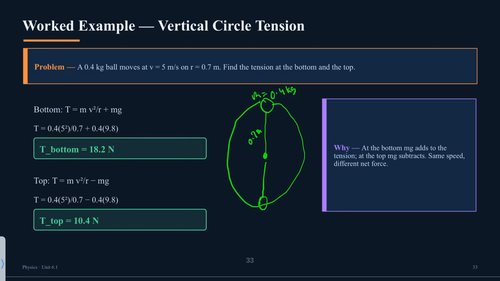So here, at the bottom, T is equal to mv squared over r plus mg, because we know that at the bottom, tension is the force pulling us upward, minus mg, because that's the force pulling us downward.